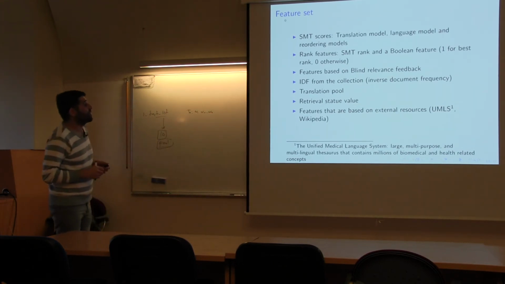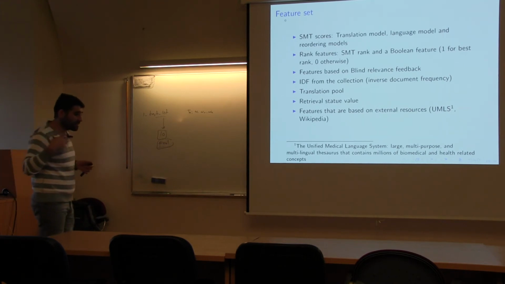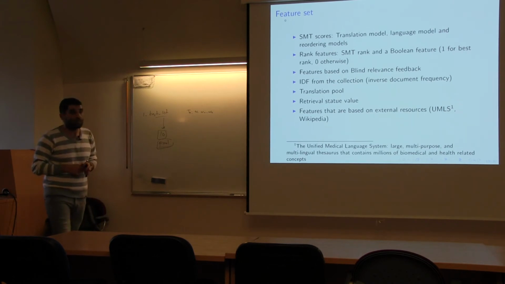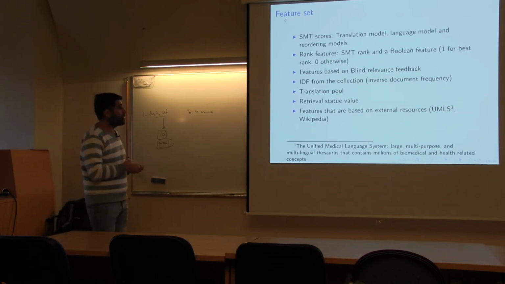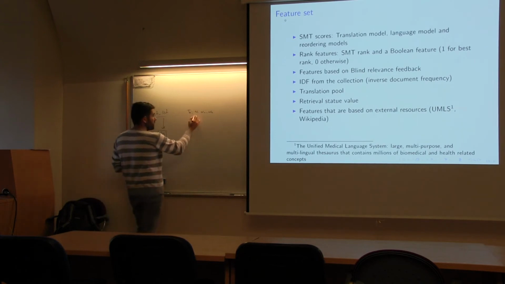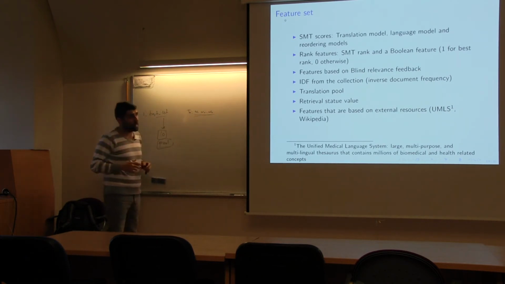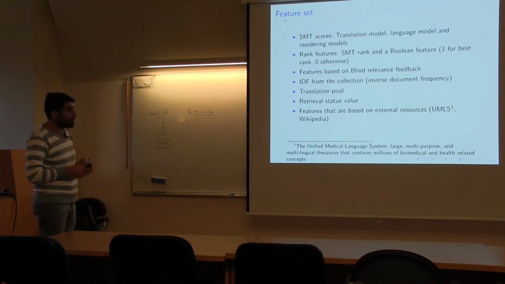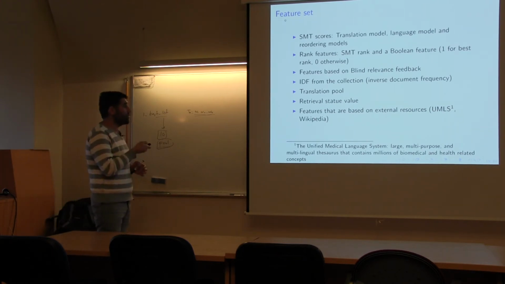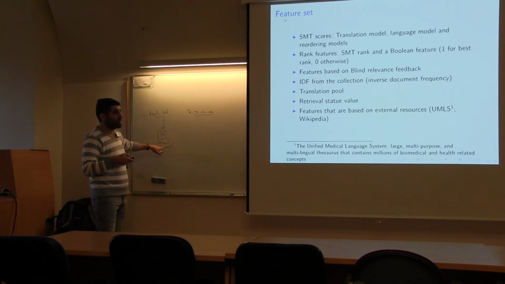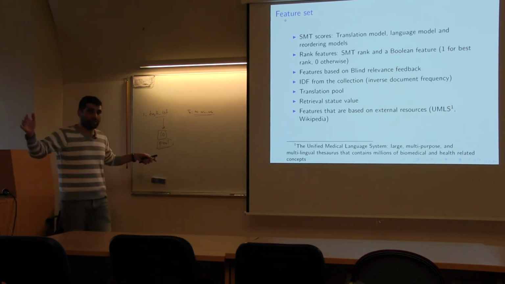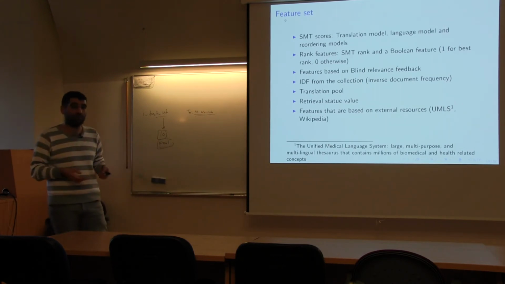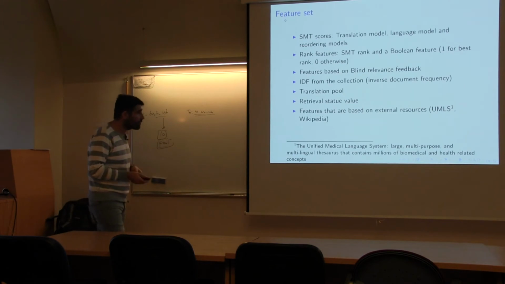The IDF score tells us how important this term is in the collection. So we summed the IDF scores for all the words, and we added it to the feature vector for that hypothesis. Also, we did the same here, but using a translation pool. We merged all the translations together, created a pool from these translations, and calculated term frequencies for each term.